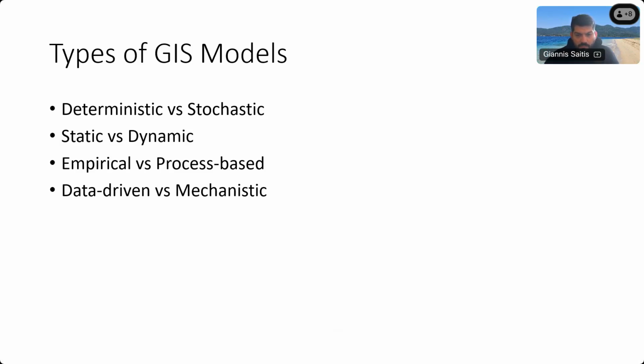Previously we talked about flood risk. The flood risk for this area in 2023 is that, and you get a map with some values of risk. We will see later about these values in these models.